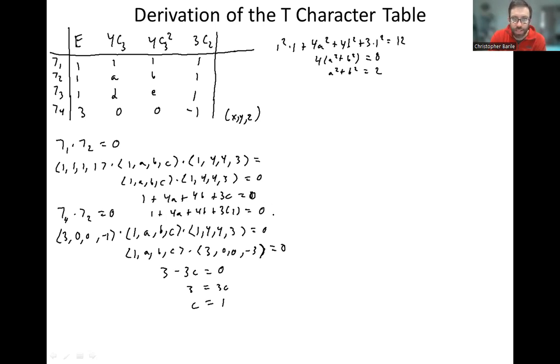This simplifies: we have a 3 here and a 1 there, and we put those over on the other side. 4 times a plus b, factor out 4, equals negative 4. That tells us that a plus b is equal to negative 1. Divide by 4 on both sides. Or in other words, b equals negative 1 minus a.